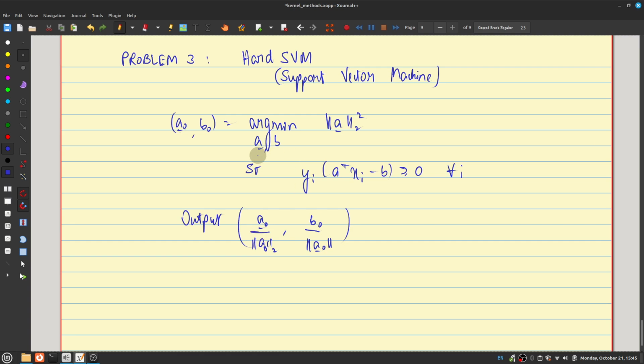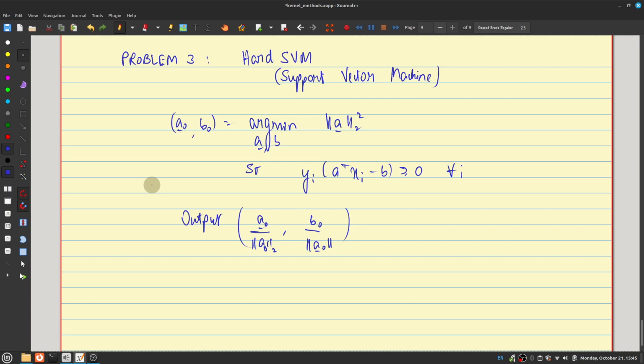So firstly, what kind of a problem is this? Change the constraint to minus, minus of that less than or equal to 0, so that it's in standard form.